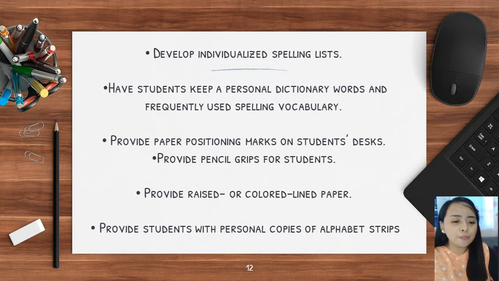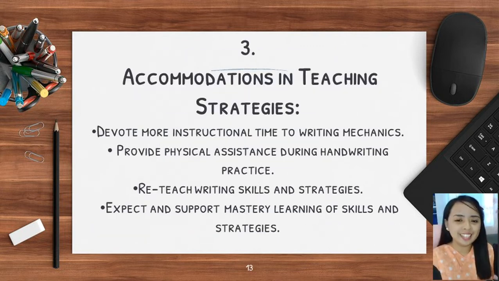The last, provide students with personal copies of alphabet strips. These sets allow your students to practice the lowercase letters or the uppercase letters, the capital and the small ones. The next one is accommodations in teaching strategies.